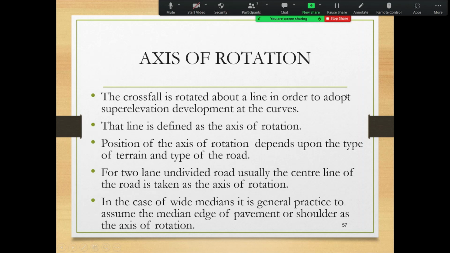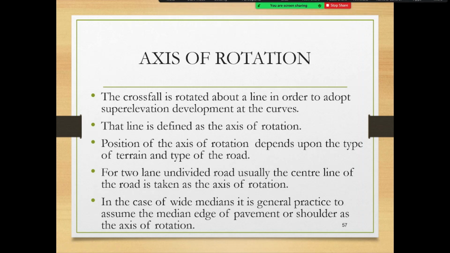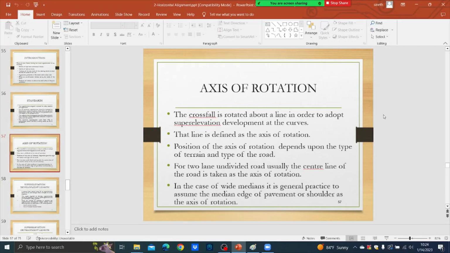Then we have to discuss a very important theory called axis of rotation. Please listen carefully. The cross fall is rotated about a line in order to adopt super elevation development at the curves. Now there is a cross fall and it is rotated about a line. So what is this line? That line is defined as the axis of rotation. I'll draw and show you.